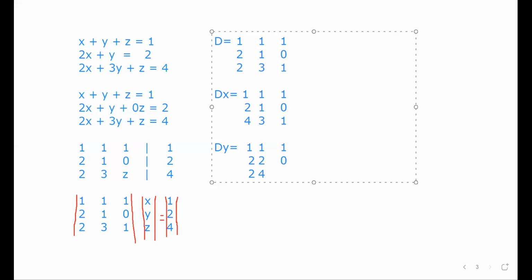Likewise, dz is equal, no changes in the first and second, but in the third.